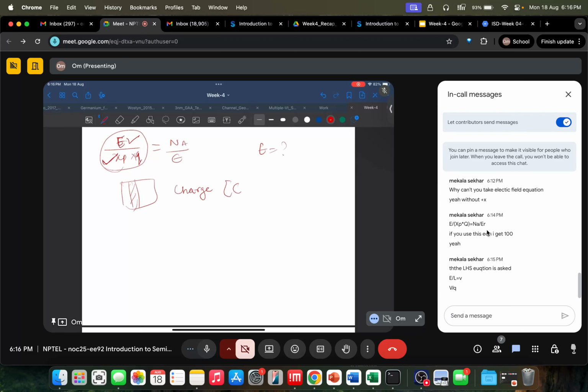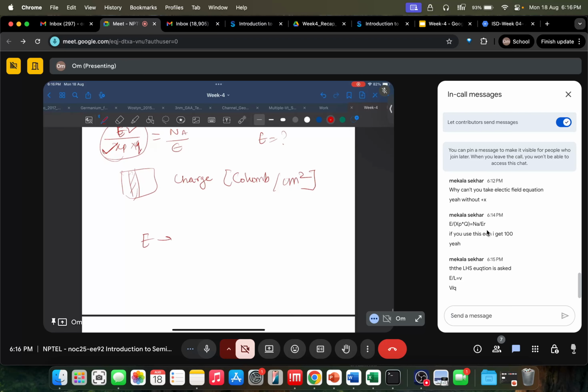Unit is coulomb per centimeter square. E is in volt per centimeter. XP is in centimeter. Q is in coulomb. This is giving me volt per coulomb.